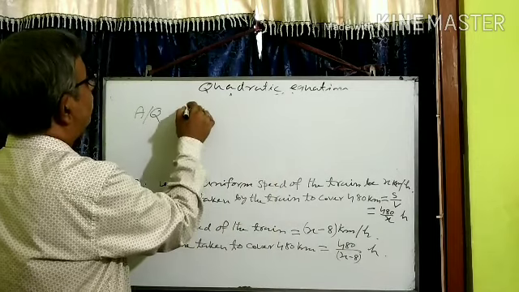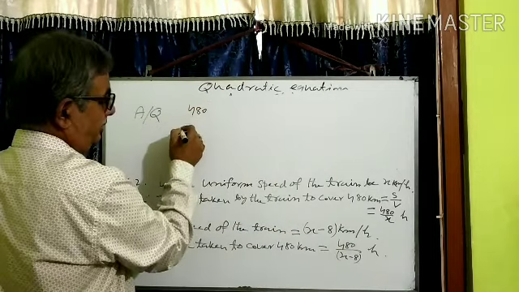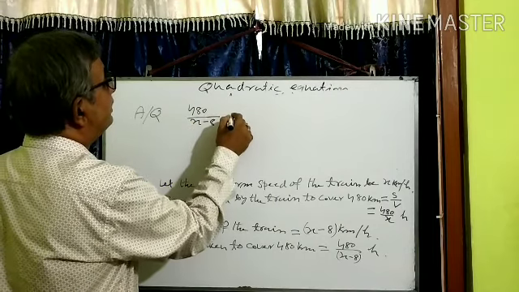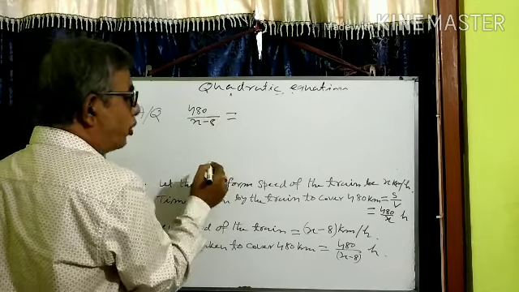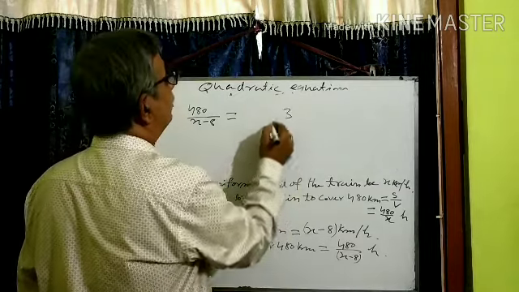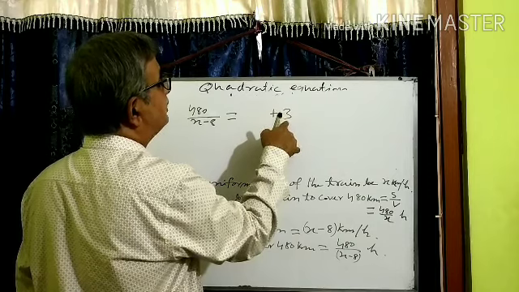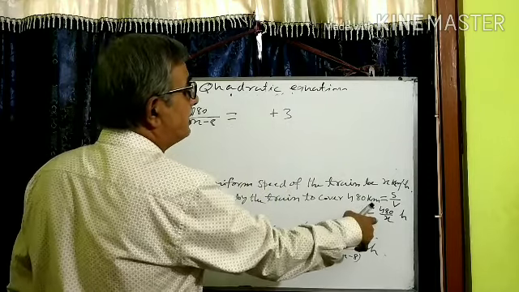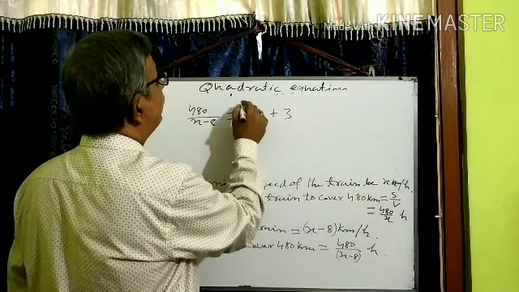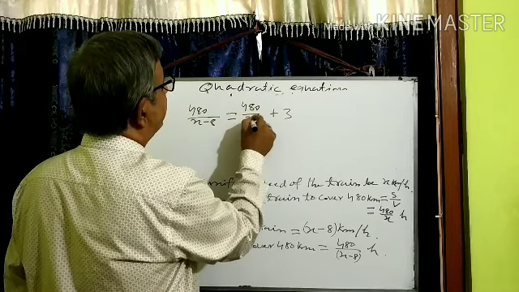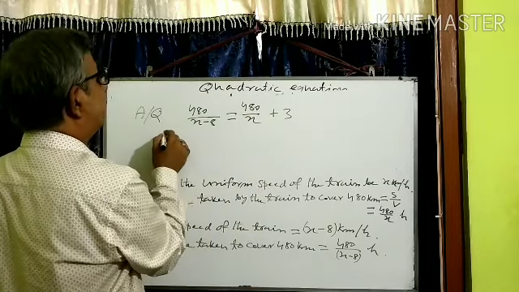So according to the question, 480 by x minus 8 is equal to 3 hours more, so plus the previous time, which was 480 by x.